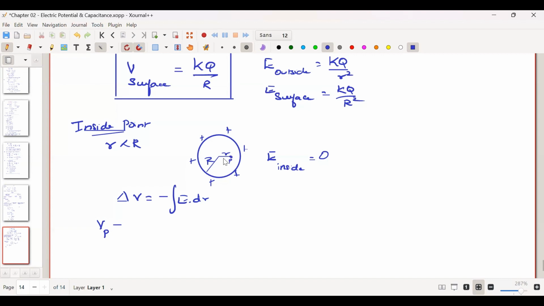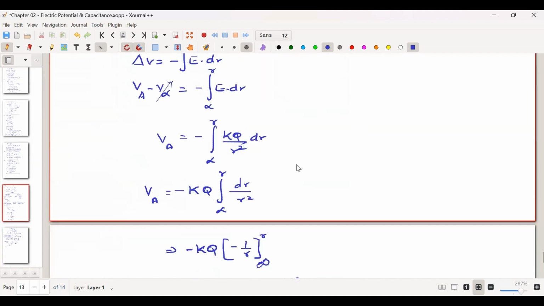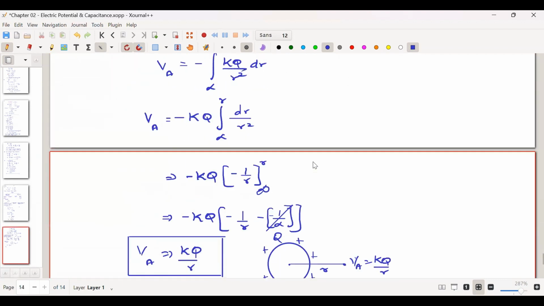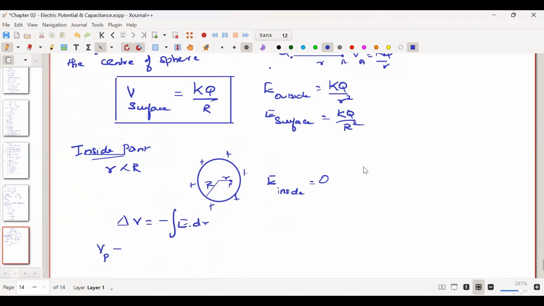See, generally we take 2 places where at one we know the potential is 0. So in the previous case we had to take infinity; it is like bringing the charge from there to here. Now we cannot take infinity here, because I need to bring this charge from infinity to inside, but I am going to have a discontinuous function because of this boundary.